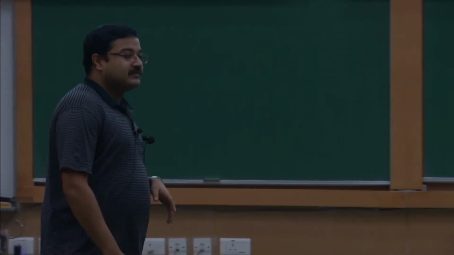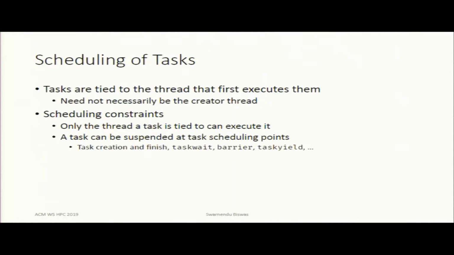Okay, so this is what we had. So now the point is, how are tasks scheduled? So basically I have created a bunch of work, but how will they get executed? This is also important, right, for efficiency purposes. So tasks are tied to the thread that first executes them.